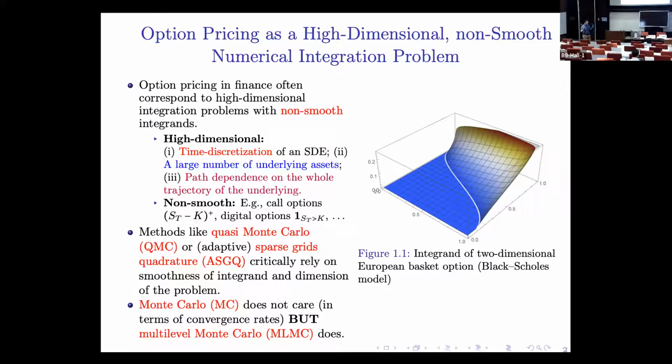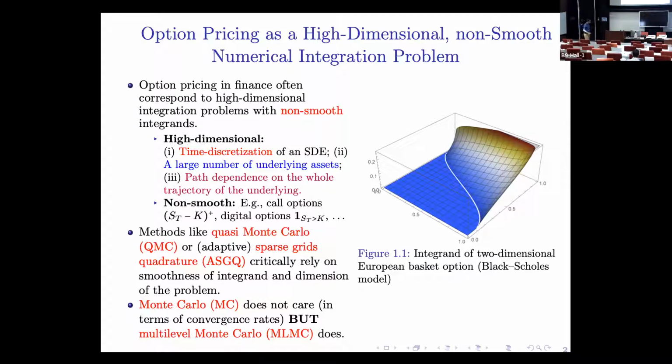The methods that are usually used to approximate the expectation or the integration problem of interest can be divided into subclasses. The first one are the so-called deterministic quadrature methods. There you find the quasi-Monte Carlo quadrature methods, and in particular sparse grids quadrature. This type of methods really relies on the regularity and the dimension of the problem, so they critically depend on that.